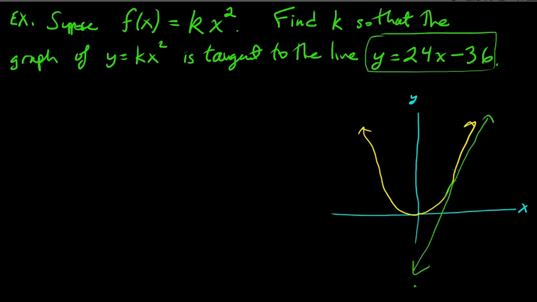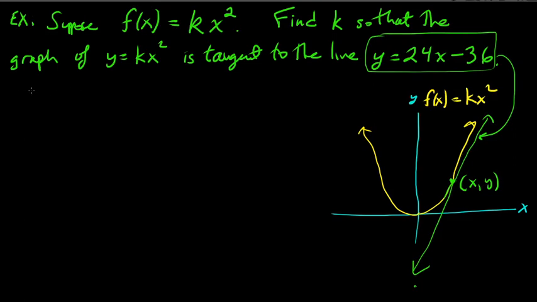That's a little better. At this point, x, y. Again, this green line is this line, and the yellow parabola is y equals kx squared. We want to know where they intersect.